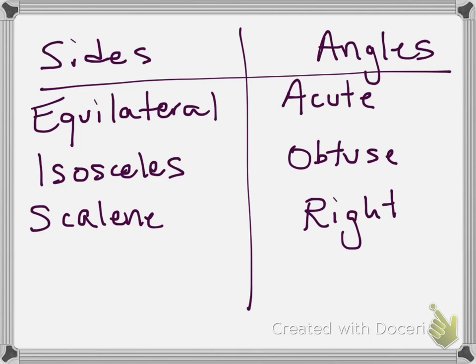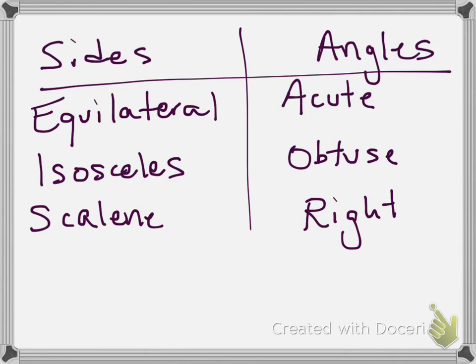Once you understand that, you can actually combine these to describe a triangle. We could talk about a triangle by both talking about its sides and its angles. For example, I could draw an isosceles triangle that was acute. These two sides are the same, and all angles are under 90 degrees.